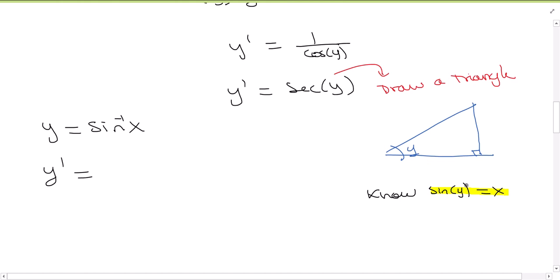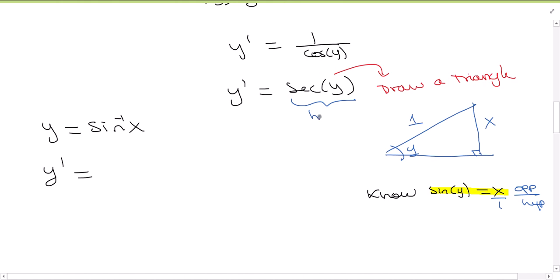And sine is opposite over hypotenuse. So write that as x over 1. So sine of y will be opposite, so that's x over hypotenuse, which is 1. And I'm trying to find secant. I'm trying to write this in terms of x. Secant is 1 over cosine. Cosine is adjacent over hypotenuse.